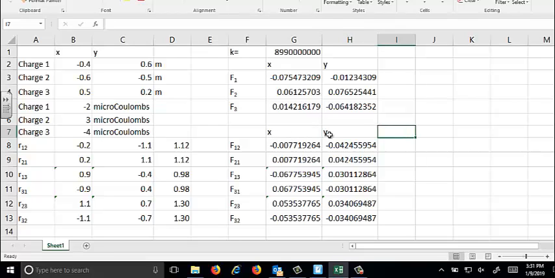So this would be F sub x and F sub y. And I could also then square these, add them together, take the square root, I get the magnitude of F1 and F2, and then I could also use the inverse tangent to calculate the direction, but I'm not going to worry about that right now.